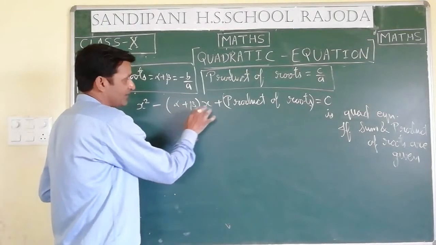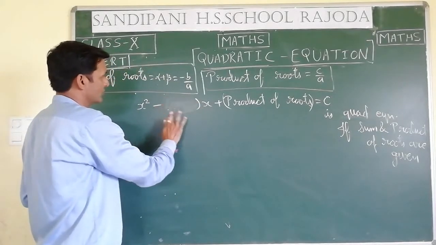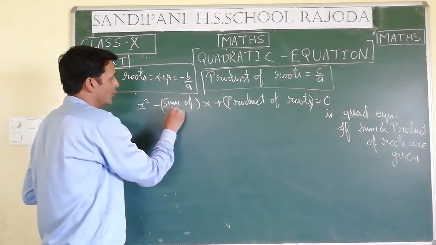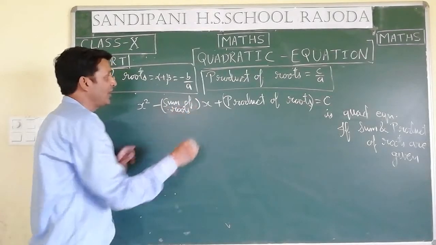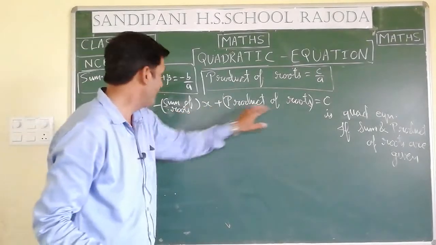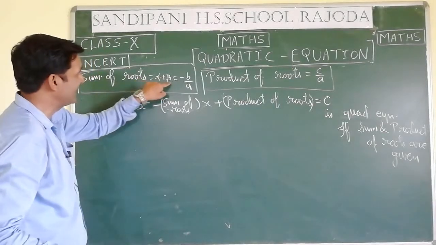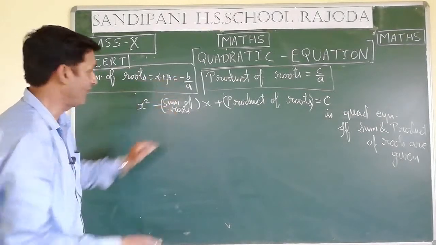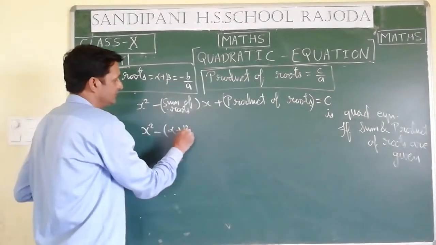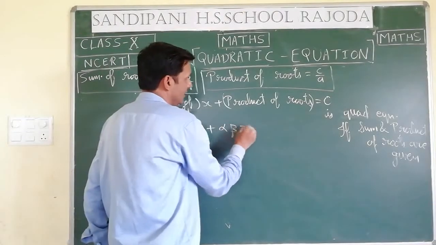It is sum of roots, or alpha plus beta also you can write, because both are one and the same thing. Here in the form of English it is written; now I am assigning sum of roots in mathematical form. So it will become x square minus alpha plus beta into x plus alpha beta is equal to 0.